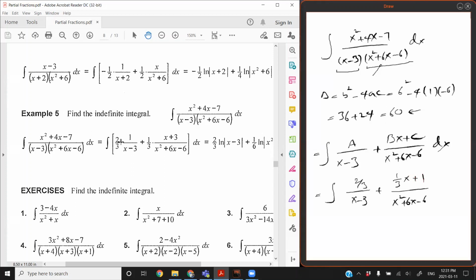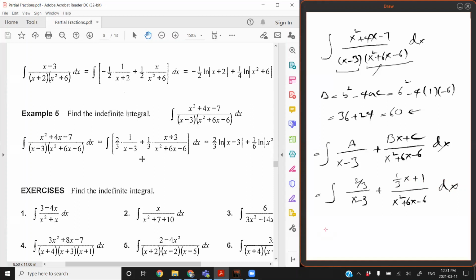Plus 1. If I multiply them back, I get 1/3 times x. 1/3 times 3 is 1 dx. And the step after that would be what we have over here.